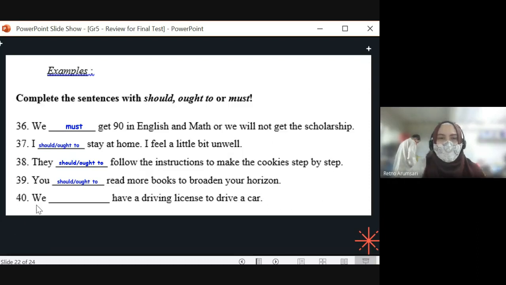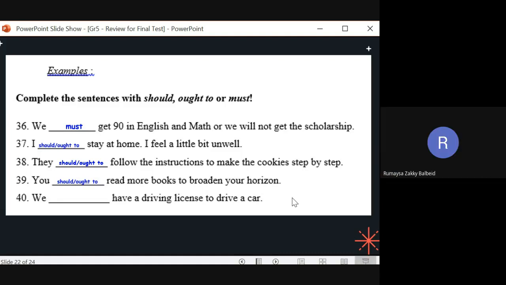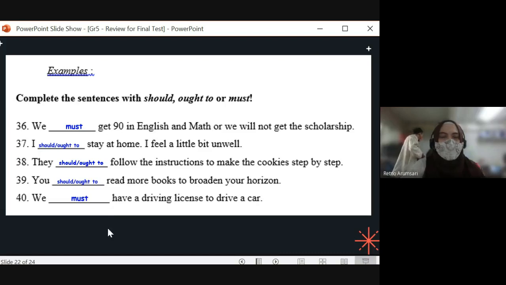And then number 40, we blah blah blah have a driving license to drive a car. Now, what about this? I think this is common knowledge. Everybody knows that this is a must. This is a rule, right?